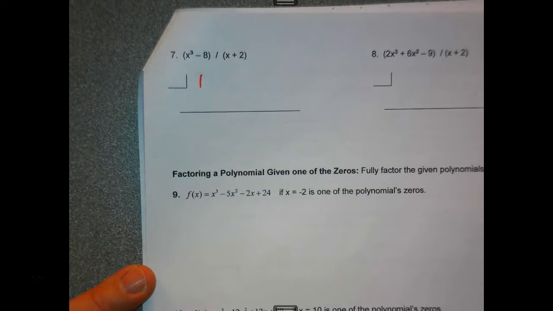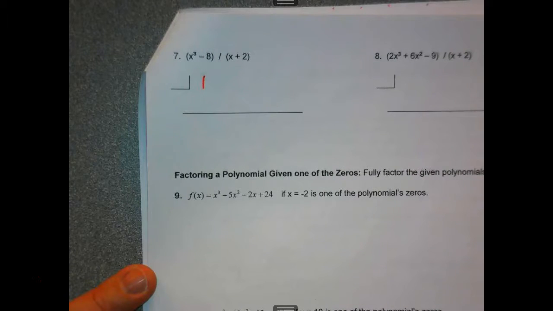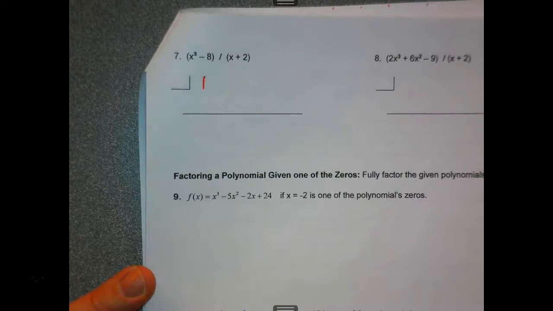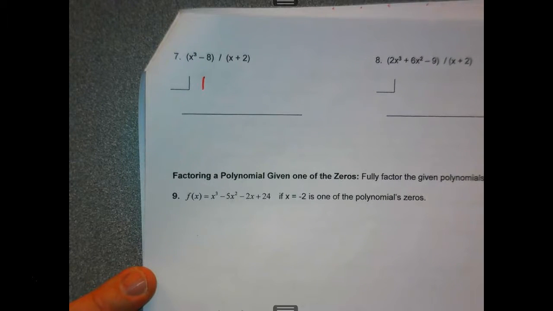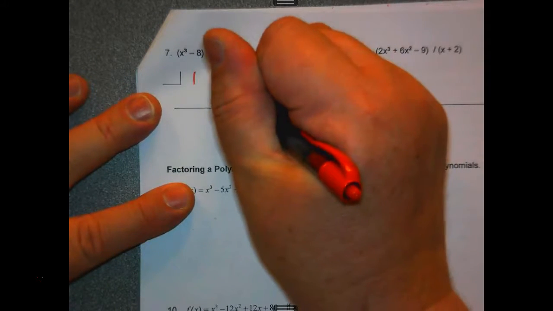Coefficient, so a number being multiplied to x squared. What's being multiplied to x squared in this polynomial? A number. Not 1. 0. Who said that? It's got to be 0 because x squared isn't there.